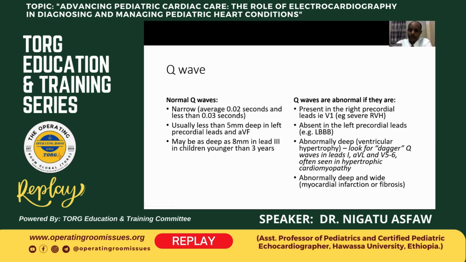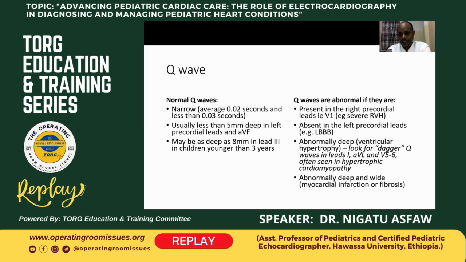And if there is a Q wave in right precordial leads like V1, it shows severe right ventricular hypertrophy. And if it is absent in left precordial leads, it will show pathologies like left bundle branch block.